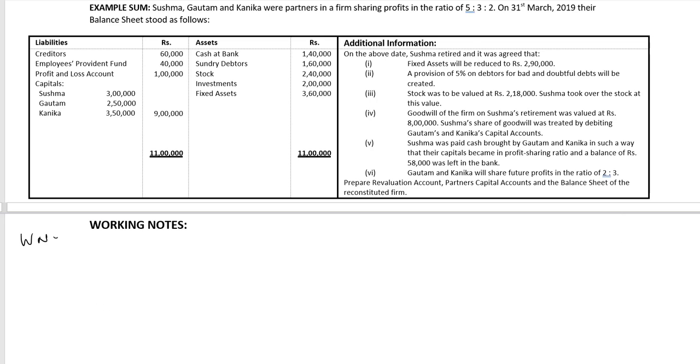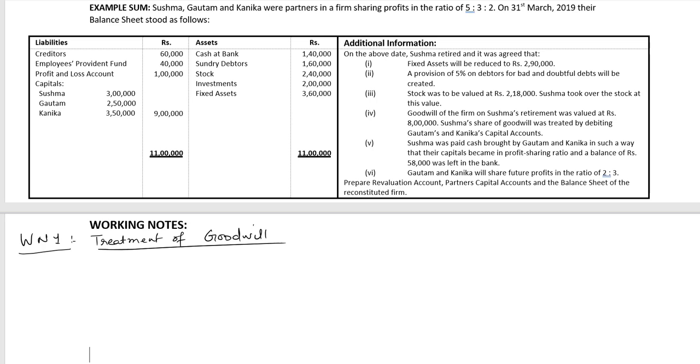Working note 1, treatment of goodwill. Old profit sharing ratio between Sushma, Gautam, and Kanika is given as 5:3:2.